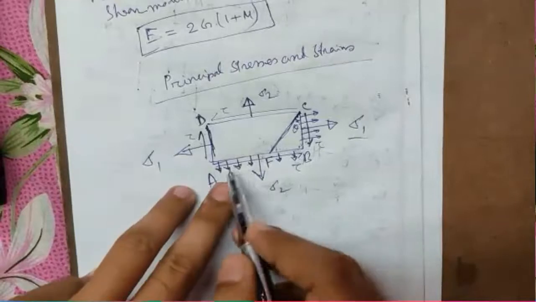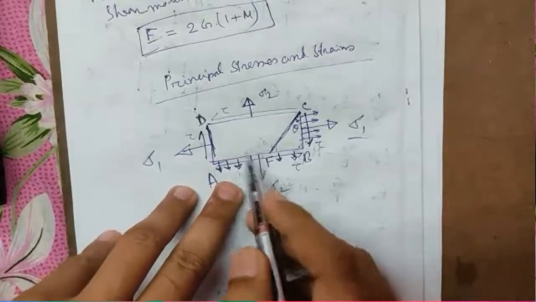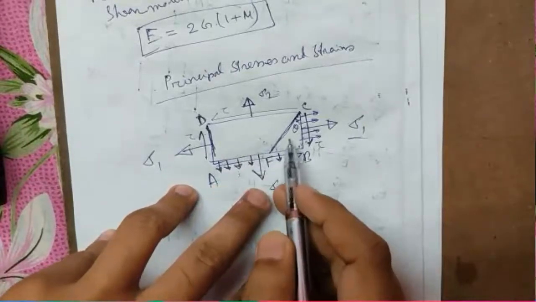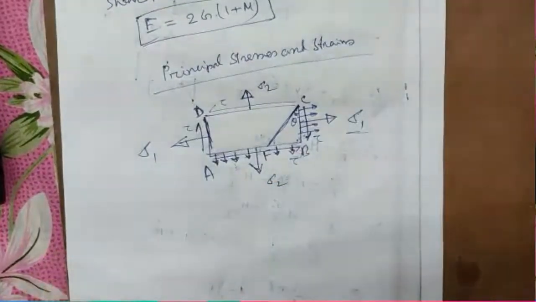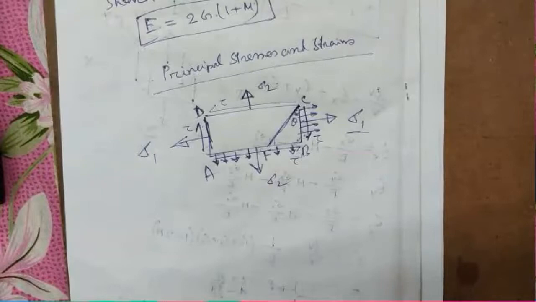Now, if you look at this cross section, there will be any value of theta, and for any value of theta there will be several planes, because the theta value can be from 0 to 360. So for different theta there will be different planes. Now at a certain plane we will find that there are no shear stresses.